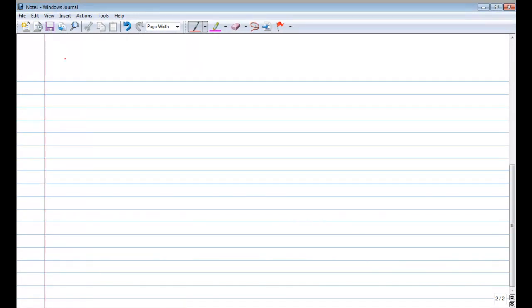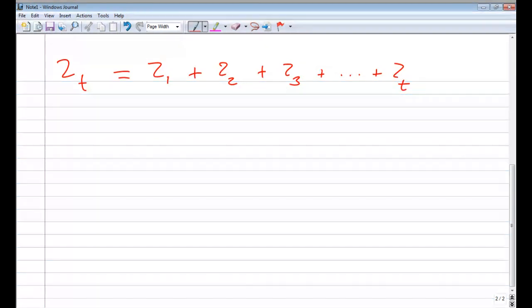Remember, a random walk is defined by Xt, which is equal to Z1 plus Z2 plus Z3 plus up to Zt. That is a random walk. So we just want to prove that this random walk is not stationary, because they said the random walk is always not stationary. Where do we start? We start with the expected value.